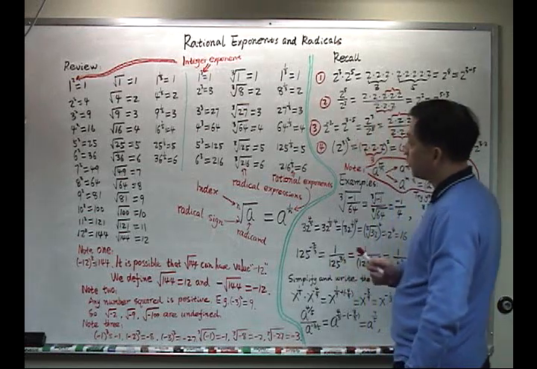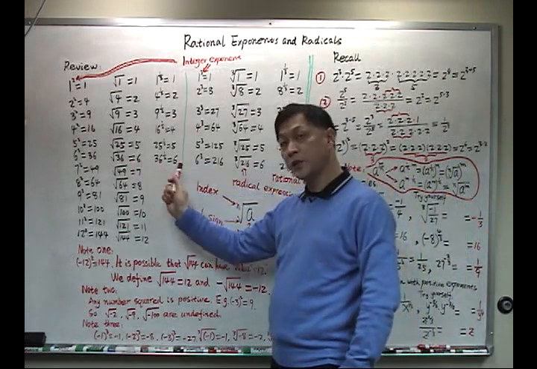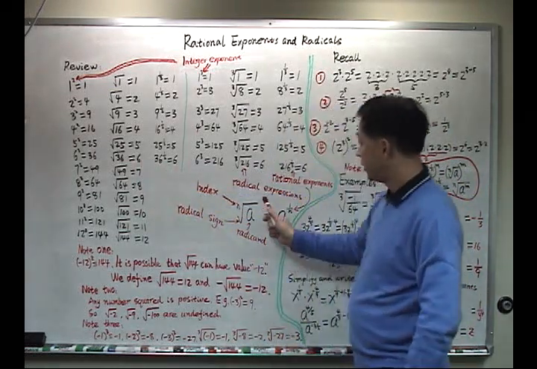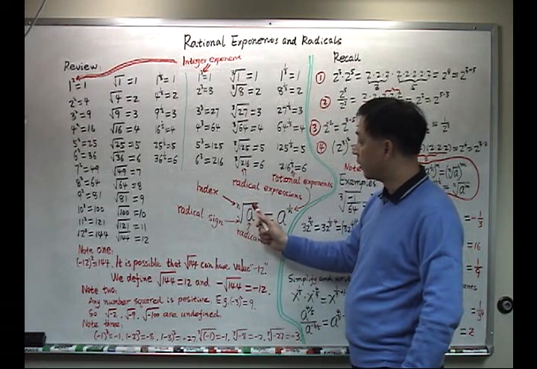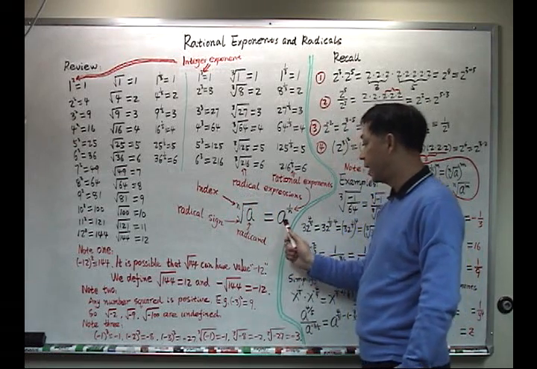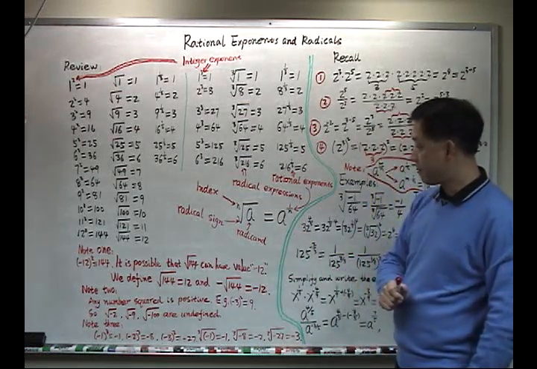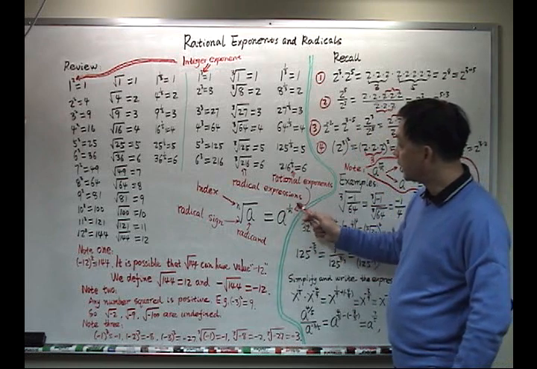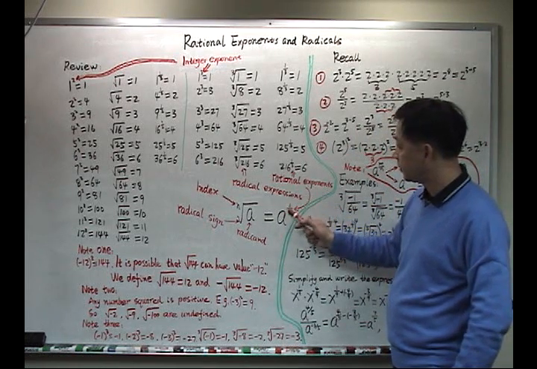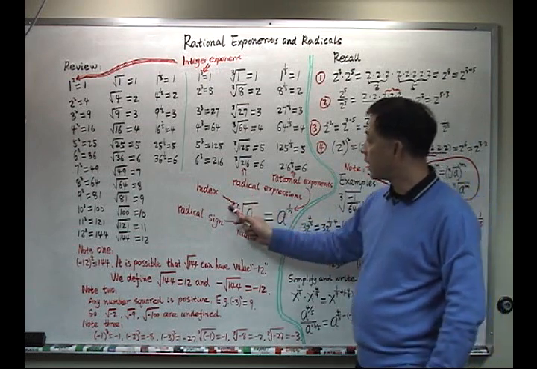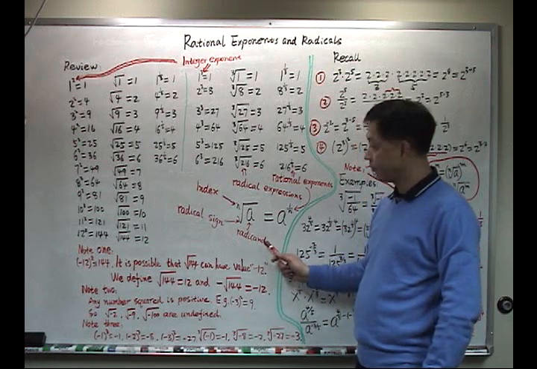Alright. So basically, those columns tell us that the radical expression nth root of a equals a to the 1 over n. The right-hand side is with a rational exponent, 1 over n. On the left-hand side, a is called the radicand.